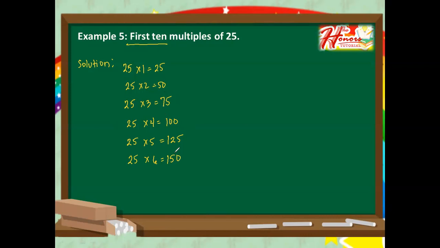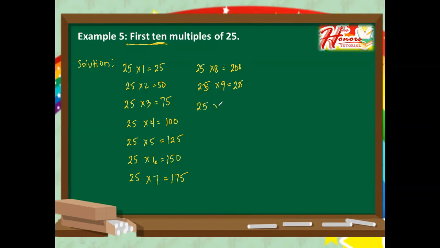How many do we need? 10. So we only have 6 here. So that's 25 times 7. That is 175. And we have here 25 times 8, that is 200. 25 times 9, that is 225.